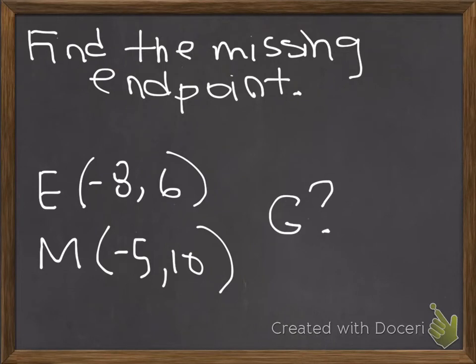And then the last problems, we're going to be finding the missing end point. So we're still going to use the midpoint formula, but we're going to basically use it as a means to solving an equation. So if we're going to find the missing end point of segment EG, it gives us E and it gives us the midpoint M. We need to find G. So what I would do in this case is I would set up the midpoint formula with what I know.